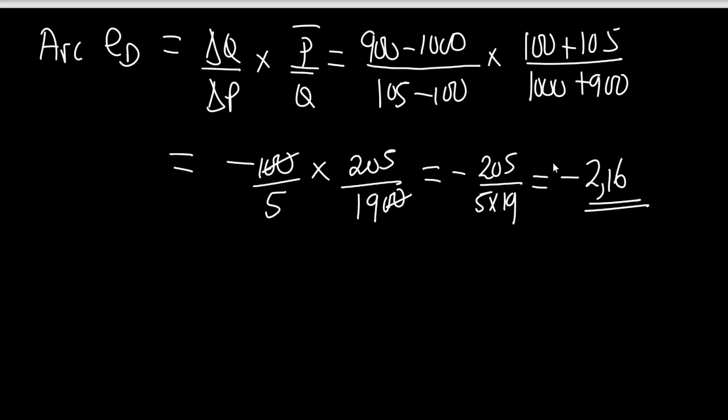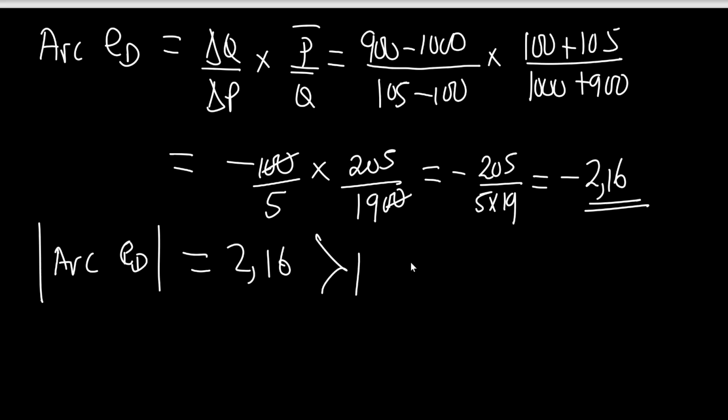All right. So again, the absolute value, which means the positive value, is 2.16, which is greater than 1, and gives us the same conclusion to say product B is elastic in demand.